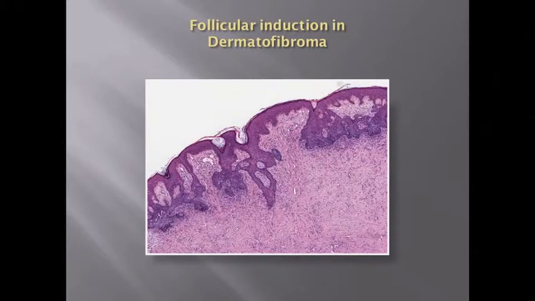As for immunohistochemical markers, we know that they stain vaguely or patchily with SMA, and they have this characteristic peripheral staining with CD34. That is to differentiate from a dermatofibrosarcoma protuberans. CD34 stains DFSPs uniformly and strongly throughout the tumor, whereas in dermatofibromas, the staining pattern is just at the periphery. So, edge staining for CD34.